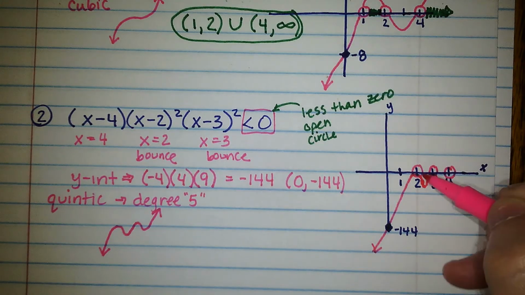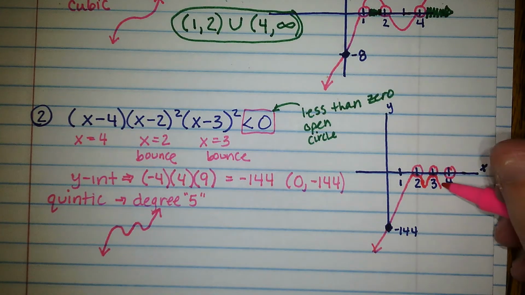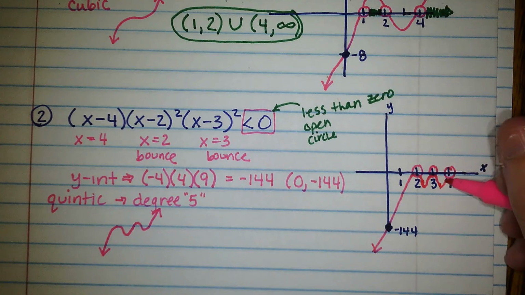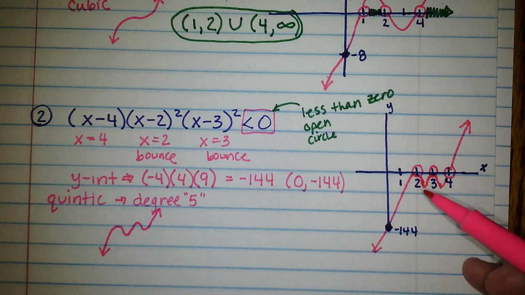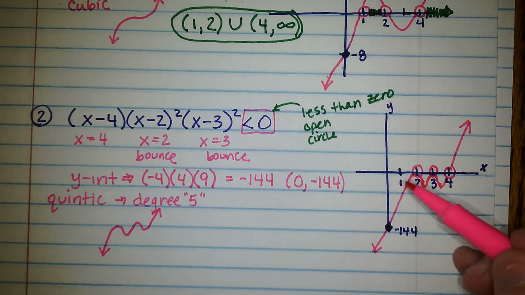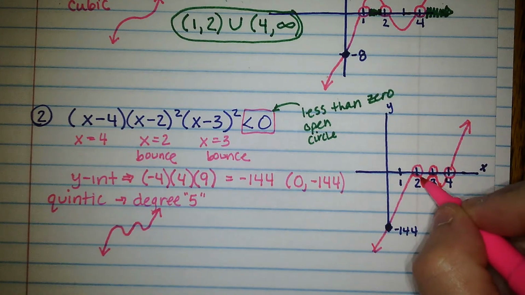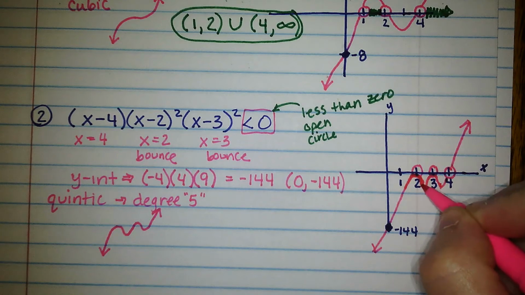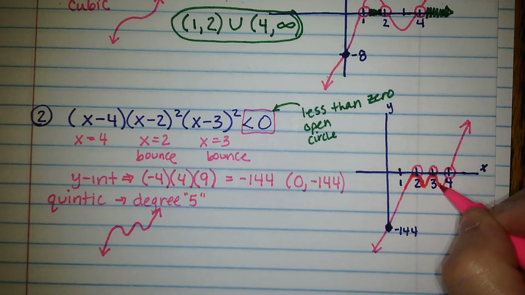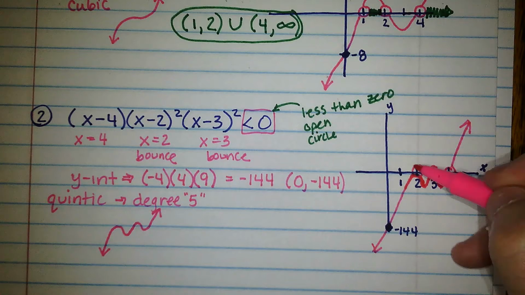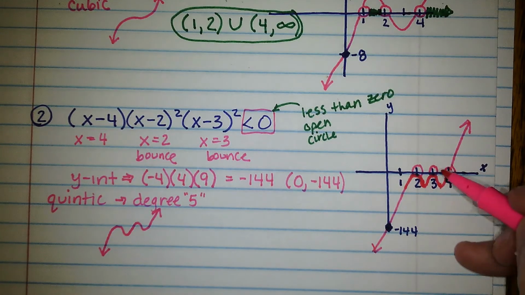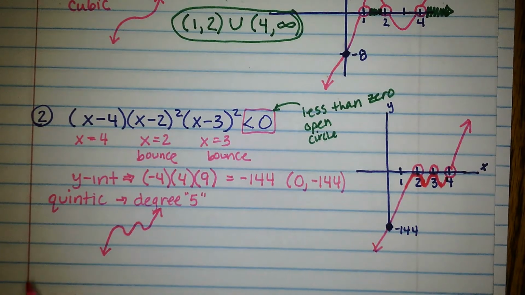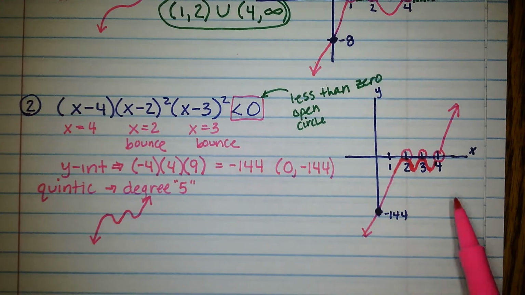We're bouncing at 2. We're bouncing at 3. And then finally come back and go through at 4. So all of the wiggles that are happening are bouncing at that 2 and at that 3. Just like this. Now, I'm not sure if this dips low and back up or what. I just made it bounce. So it looks a little bit squiggly like a quintic is supposed to, obviously, but these values are tight.